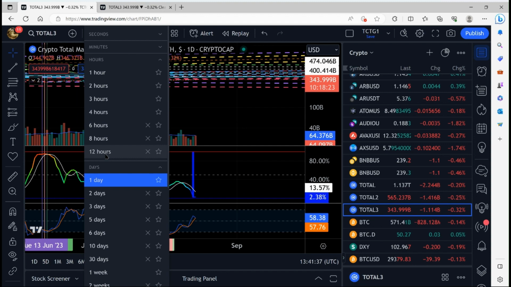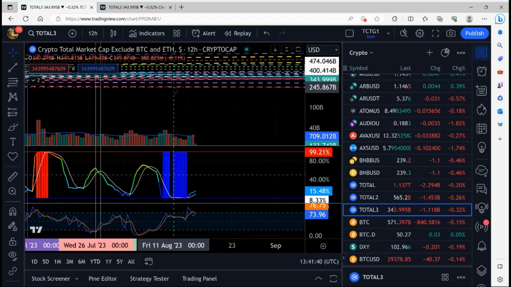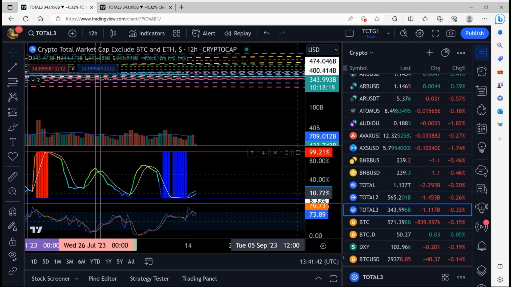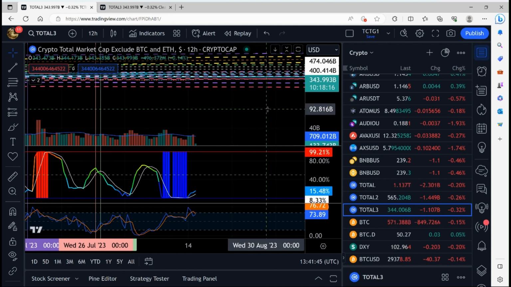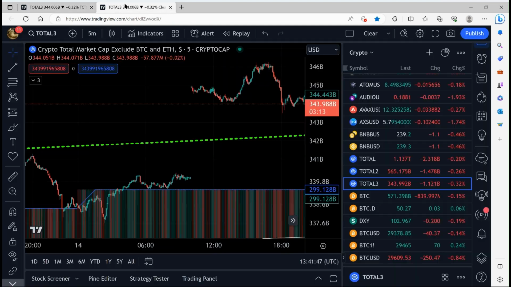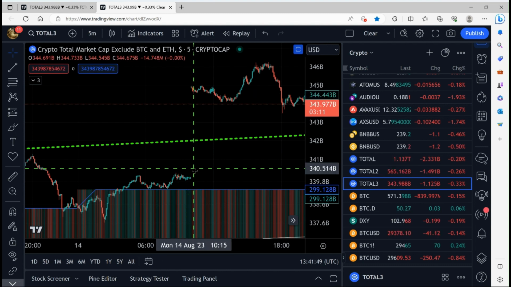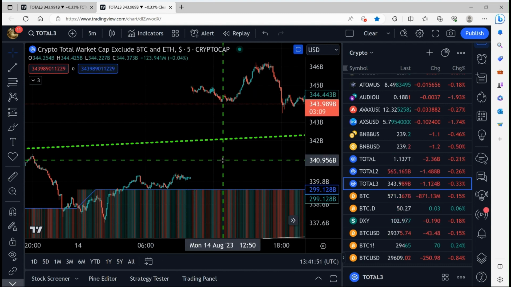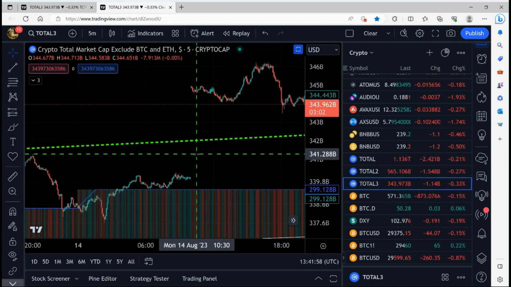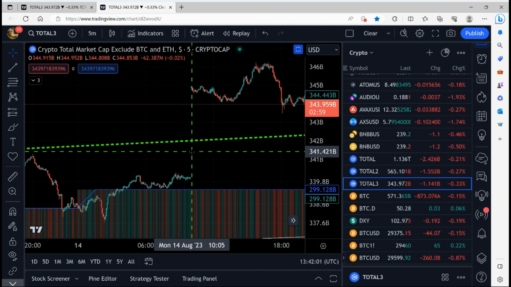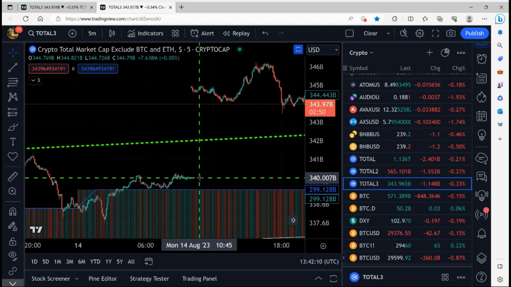Now, I think the 12-hour here is funky. Yep, see, 12 hours at 15.48%, and that's a fluke because of this right here. This is the total three altcoins minus Bitcoin and Ethereum on the 5-minute time frame, and we're looking at what occurred yesterday at 10 o'clock UTC on August 14th, and we had this sudden jump.